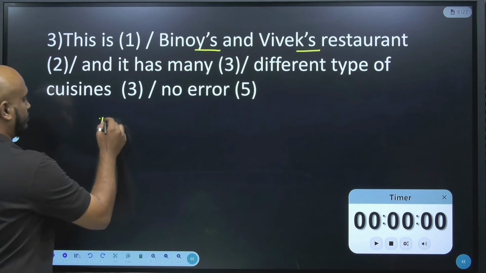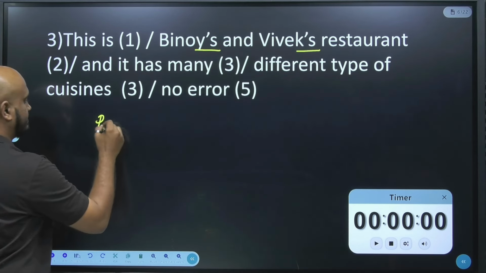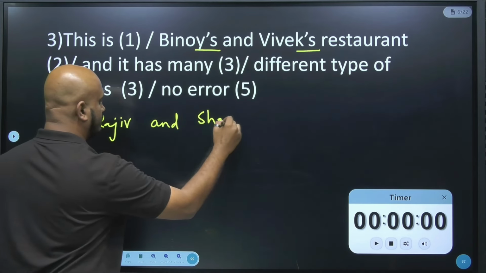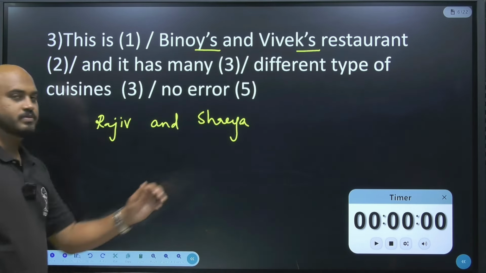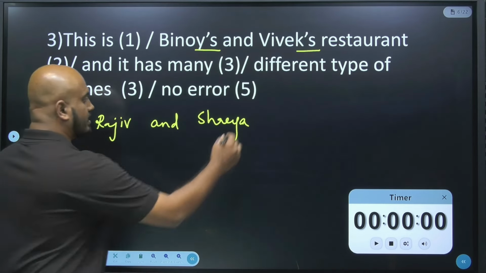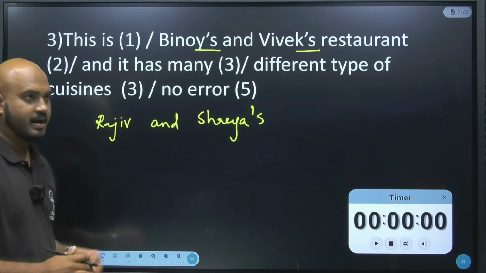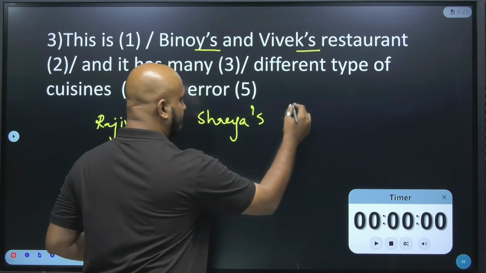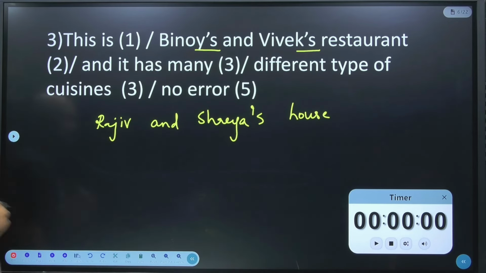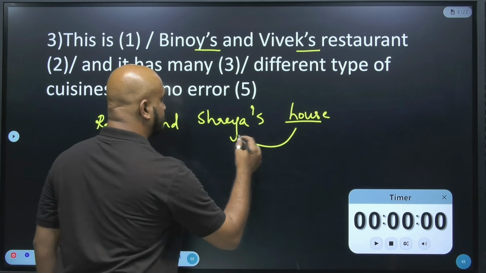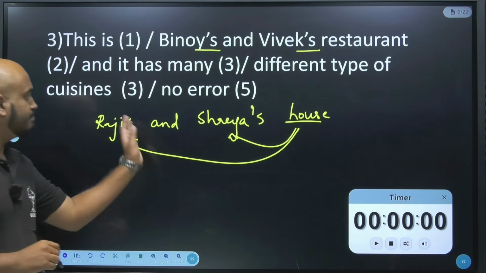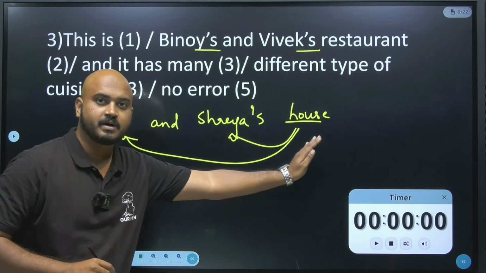See, whenever you have two nouns, let me take one simple example, Rajiv and Shreya. Suppose you have two different nouns or two different names, and if you're using apostrophe only with the second name, and after that, whatever the noun you're going to write, observe: Rajiv and Shreya's house, then remember this particular house belongs to both of them. Is this clear? It means both are co-owners of this house. It belongs to both of them.